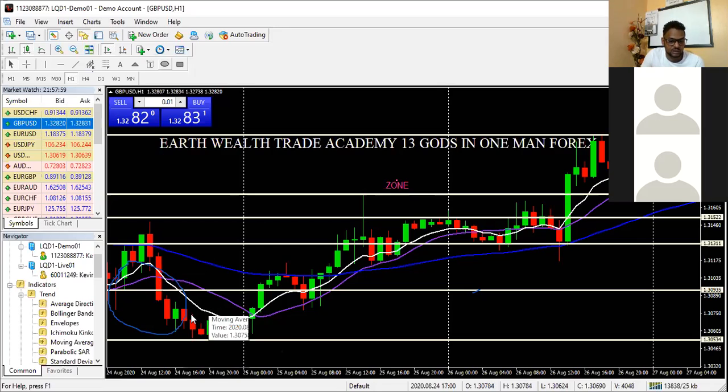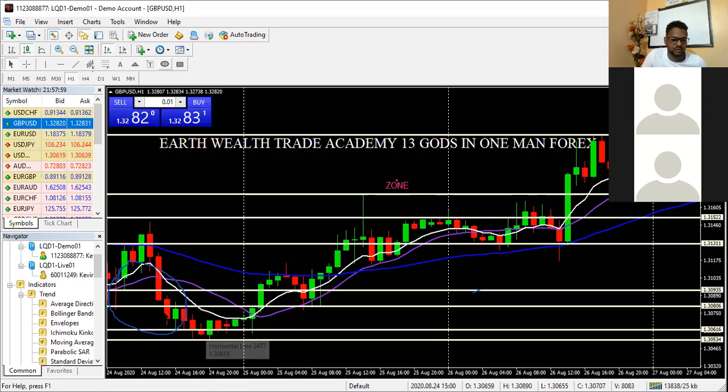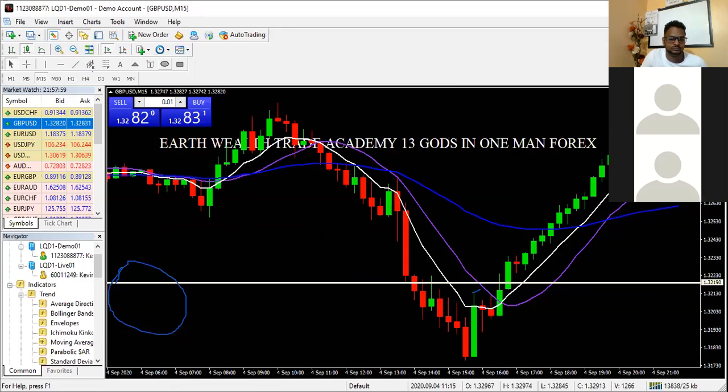So even if you see these candles right here, there is also a next support and resistance that is taking place. So it depends on which time frame you're looking at because it's always going up and down. So if you go on a lower time frame, you will see it looks different.